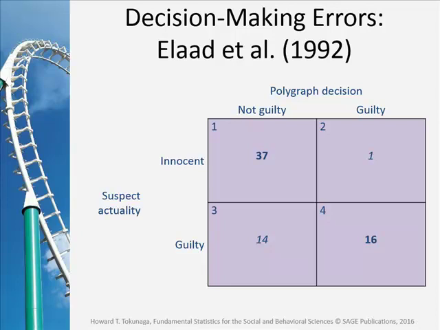You were actually innocent, but the polygraph said you were guilty. 51 people, the polygraph said were not guilty. But 14 people tricked it and were actually guilty. So that's 14 people that got away with crimes. So these 15 people were wrong. They're errors.